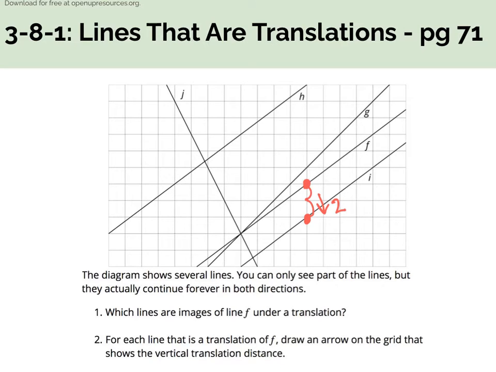Then we want to go from F to H, and I'm going to do the same thing. I am going to pick a point on F, so let's pick this one right here, and we're going to go upward. So we're going to go 1, 2, 3, 4, 5, 6 steps upward. Again, we're just looking at lines and seeing how they can be the same.